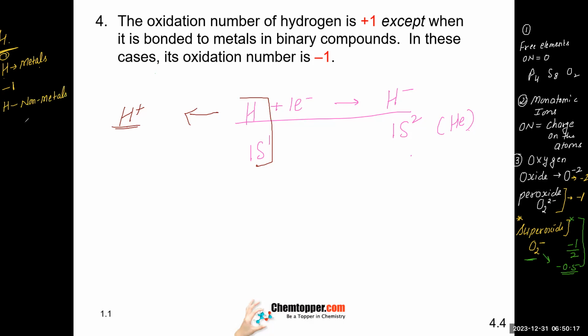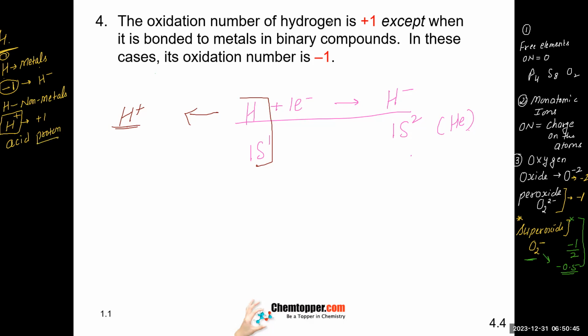Then hydrogen's oxidation number is plus 1. Here it is minus 1. So here hydrogen is like H minus, and here like H plus. This H plus is also called acid proton. So please write down that this is your proton.